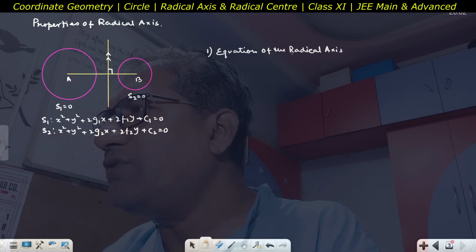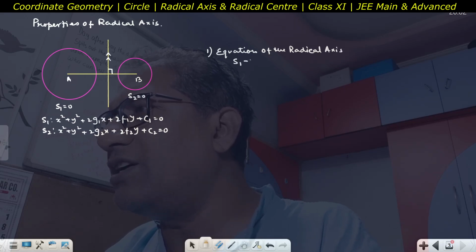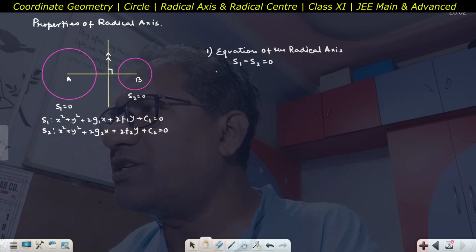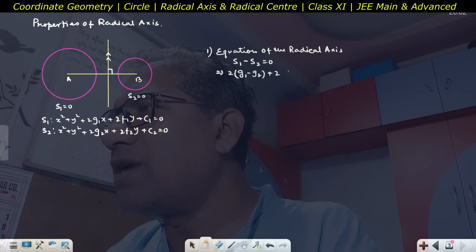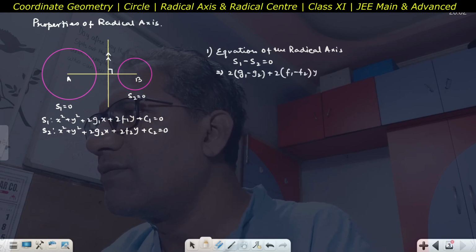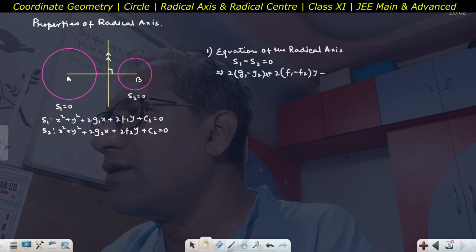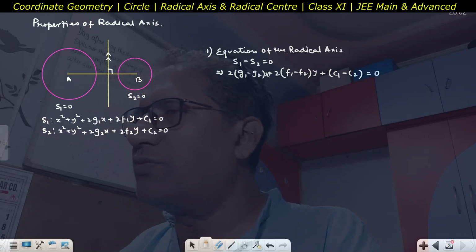The equation of the radical axis we have already discussed. It is S1 minus S2 equals 0, which implies 2 times (G1 minus G2) x plus (F1 minus F2) y plus C1 minus C2 equals 0, right?